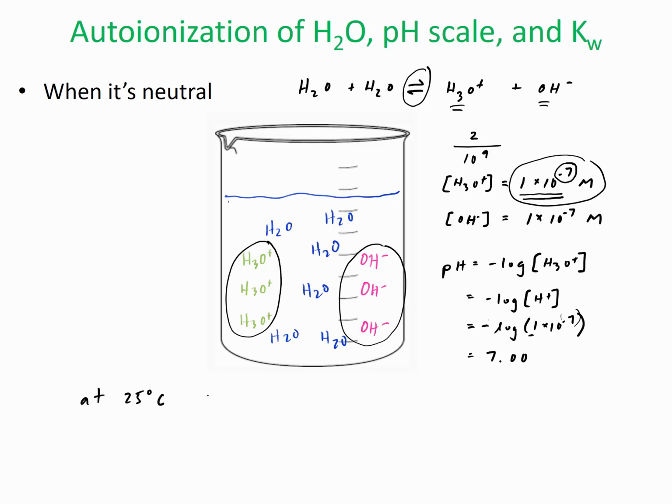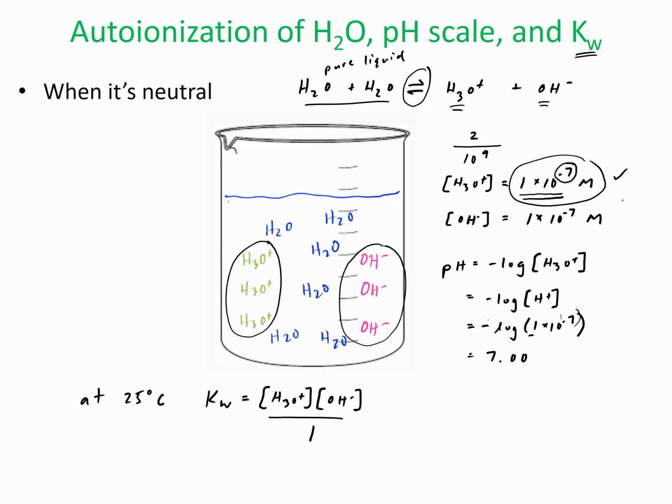then we have the Kw, the equilibrium constant for the autoionization of water for this process. So it actually equals this. So Kw, and remember, water is a pure liquid, so it doesn't show up in the equilibrium expression. So it's going to be the concentration of H3O times the concentration of OH over 1, because the H2Os are pure liquids.